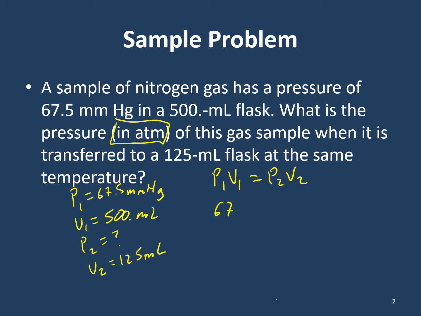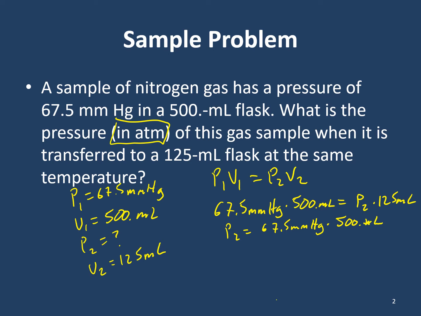So we have 67.5 millimeters mercury times 500 is equal to P2 times 125 milliliters. And if we rearrange this to solve for P2, we get P2 is equal to 67.5 millimeters mercury times 500 milliliters over 125 milliliters. And as you can see, the milliliters here cancel, and we're left with our answer in millimeters of mercury.